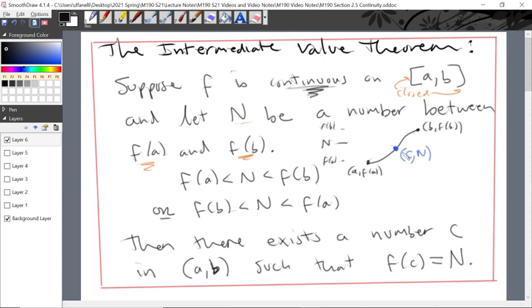Now, this doesn't have to be the only place where we have that value. We could have a function that goes up and down and up and down, right? We can have that this is f of a down here, and this is f of b up here, and when we choose a value of n, we could have multiple points within the open interval from a to b.